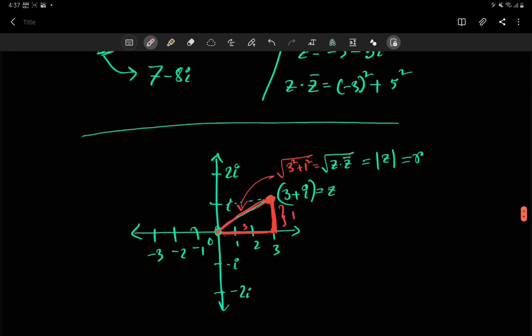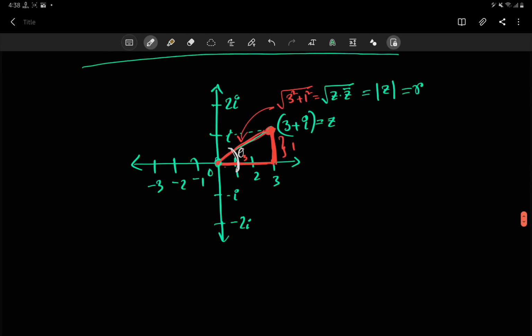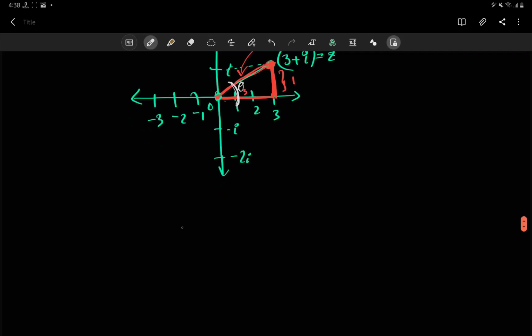Next we are interested in this angle. So let me use another color. Let's call this angle theta. Okay. And let's analyze this triangle. So let me match the colors. We have a triangle here, right angle triangle.